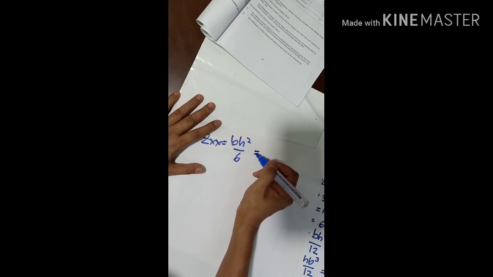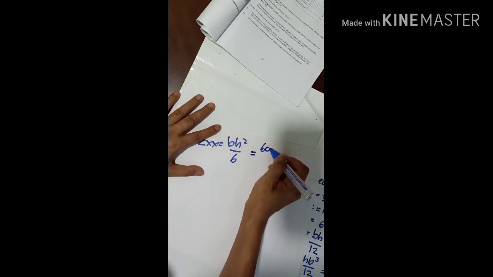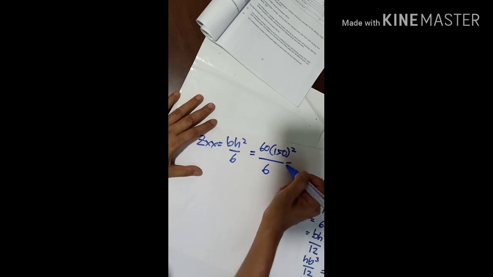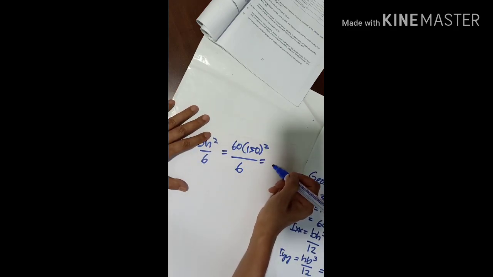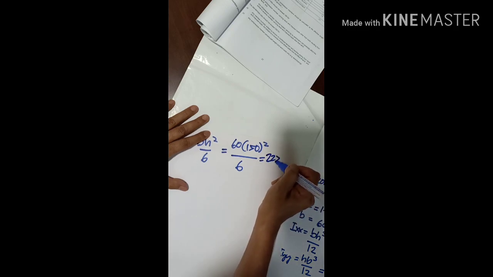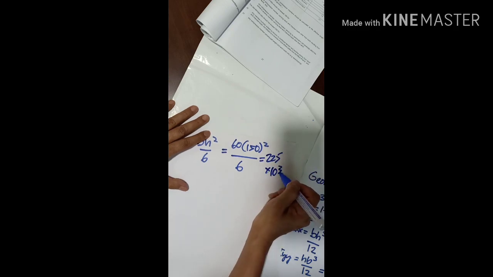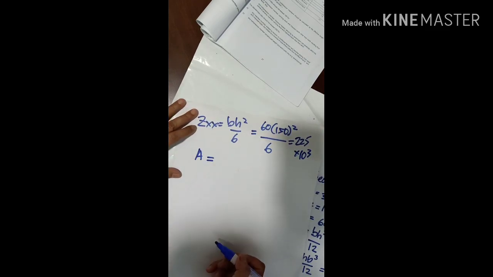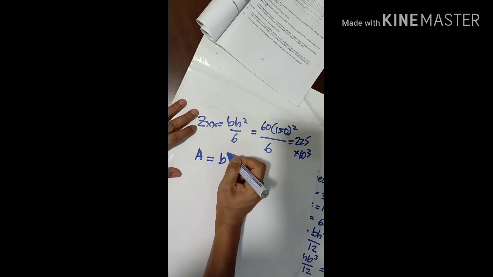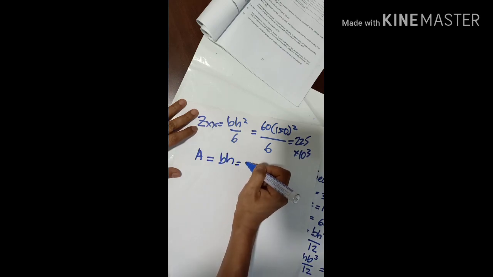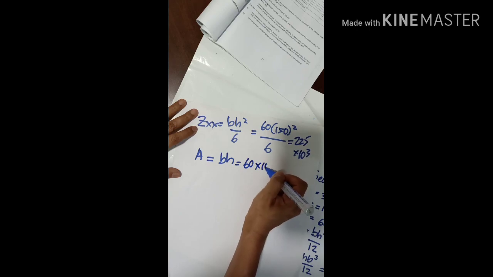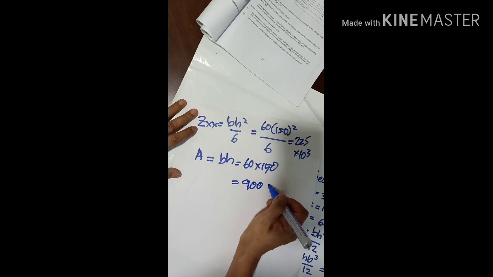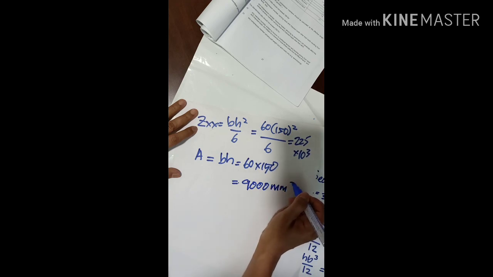From the calculation, 60 times 150 to the power of 2 divided by 6, we get the value of 225 to the power of 3. And finally we find the area of section, which is B times H, 60 times 150, and from it we get a value of 9,000 millimeter square.